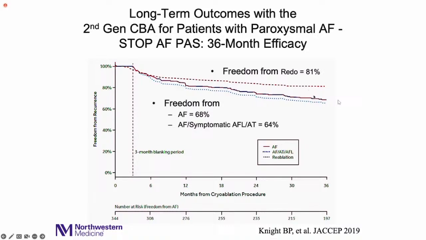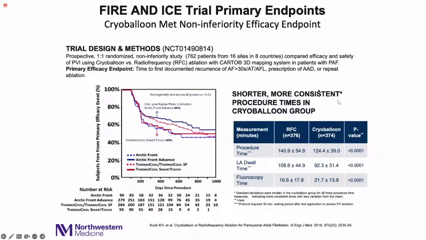We tried to get a sense of how patients did clinically and looked at the redo rate, and the freedom from redo ablation was 80%. So although some of these patients are failures, many of them were not having enough atrial fibrillation, or at least did not agree or need a repeat ablation procedure.